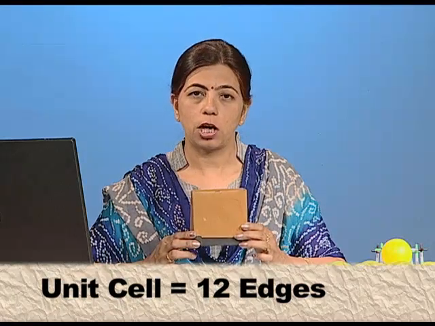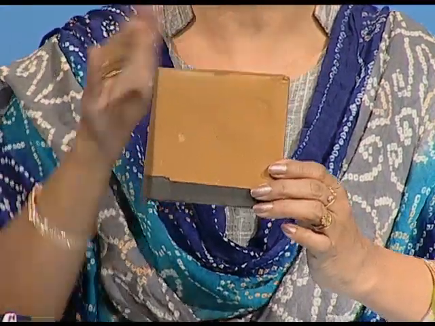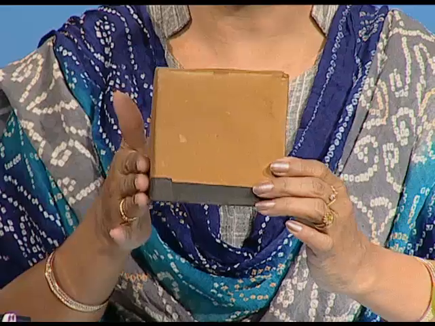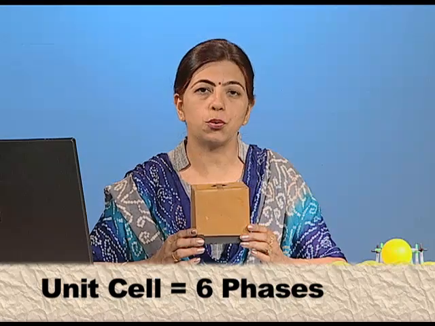There are 12 edges. Now see how many faces there are. 1, 2, 3, 4, 5 and 6. There are 6 faces in a unit cell. We must know all this to know the variety of unit cells.